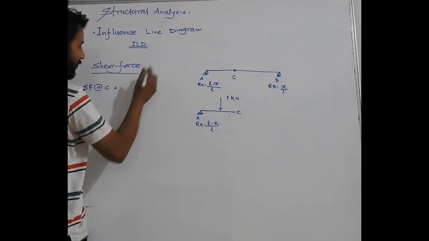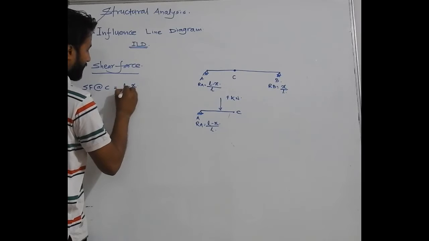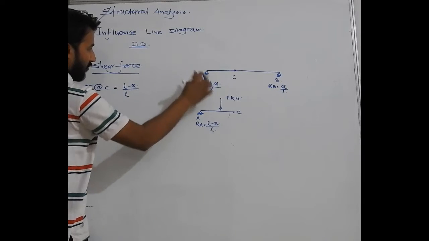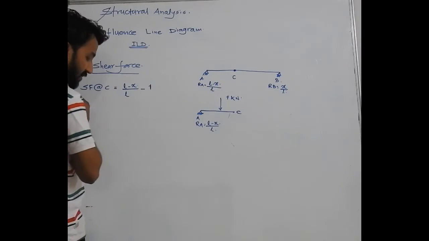RA will be the upward force, so this will be L minus x divided by L, and the downward force is 1 kilonewton, so that is minus 1.